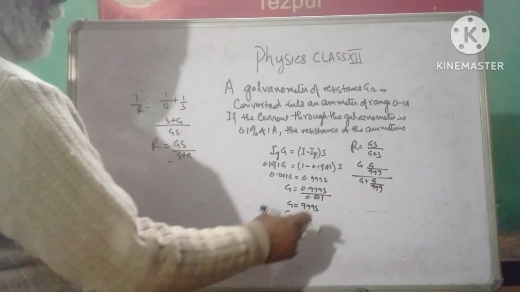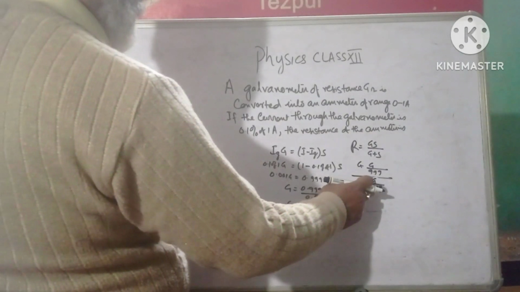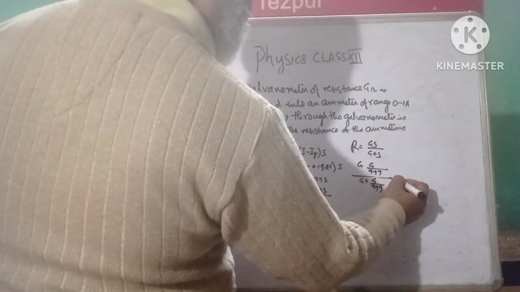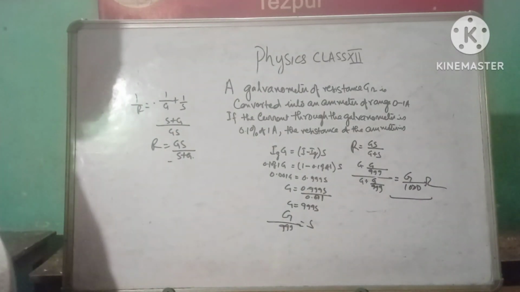Here you see this 999 cancels out, and this will be 1000. So your answer will be G by 1000. So this is the resistance of the ammeter.